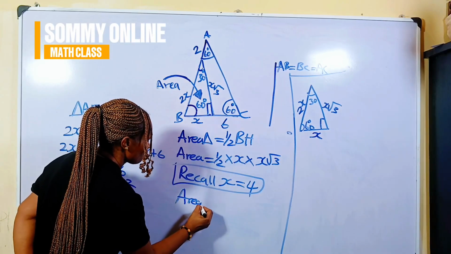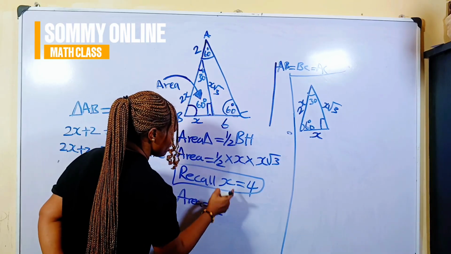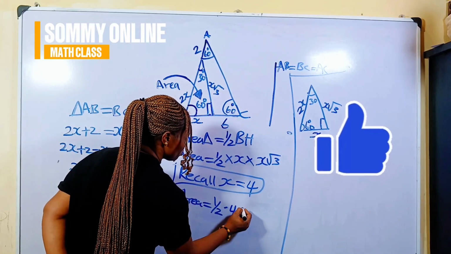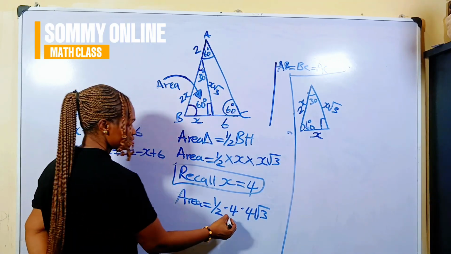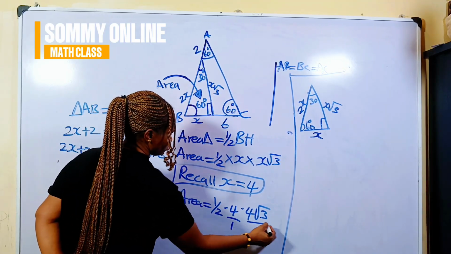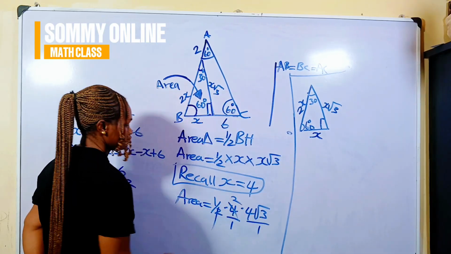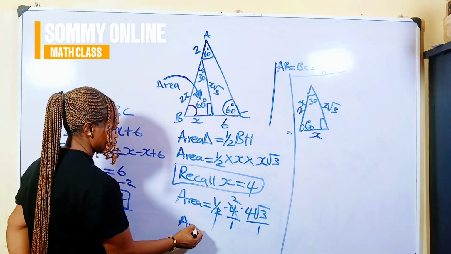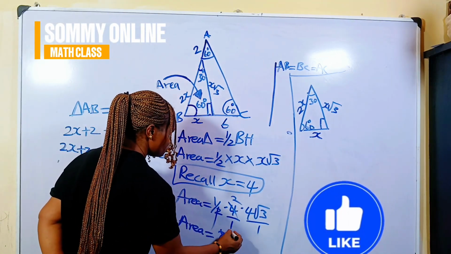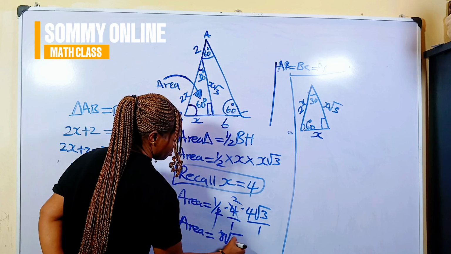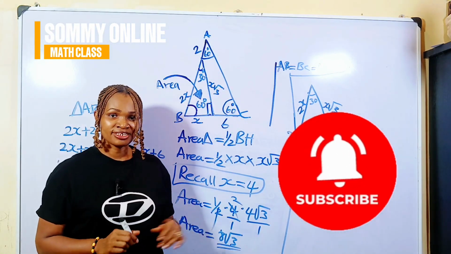Therefore, our area will be 1/2 multiplied by 4 multiplied by 4 root 3. This cancels to give 2. So our area is 2 multiplied by 4, which is 8 root 3. This is our answer. You can use your calculator to get the decimals.